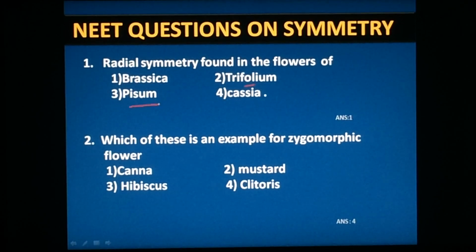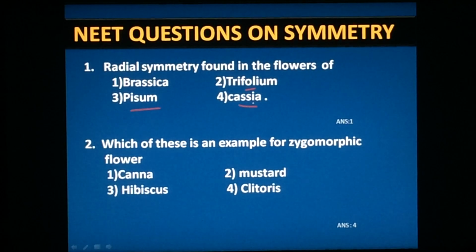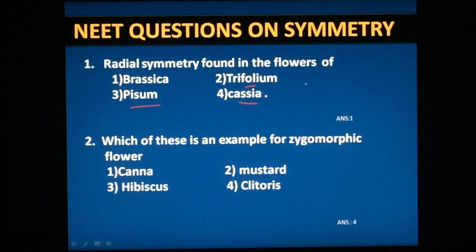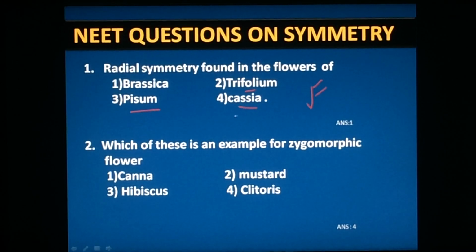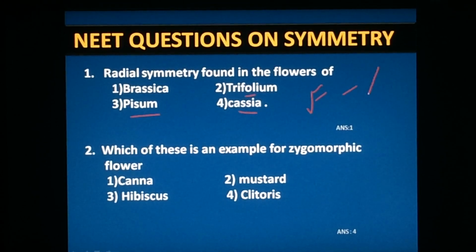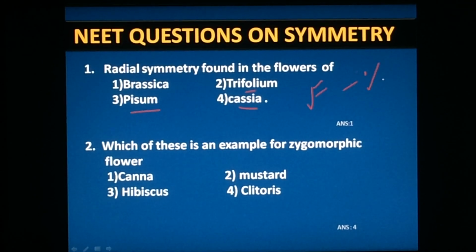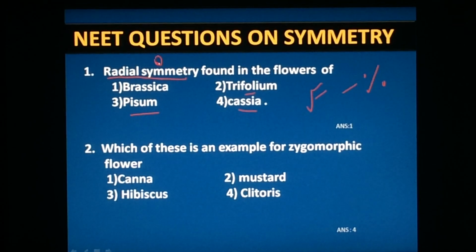Trifolium, Pisum sativum, Cassia all belong to Fabaceae. Their zygomorphic condition will be there. Radial symmetry means actinomorphic.